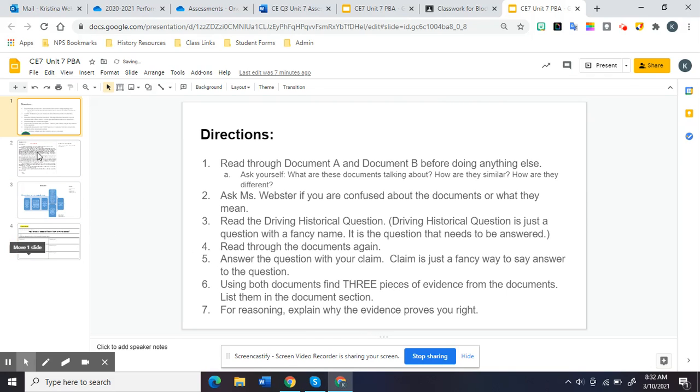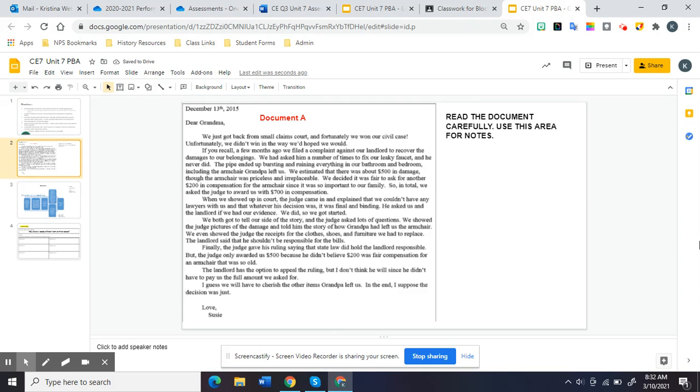Now, I'm going to go through it and read the documents. December 13th, 2015. Dear Grandma, we just got back from small claims court, and fortunately, we won our civil case. Unfortunately, we didn't win in the way we'd hoped. If you recall, a few months ago, we filed a claim against our landlord to recover the damages to our belongings. We'd asked him a number of times to fix our leaky faucet, and he never did.